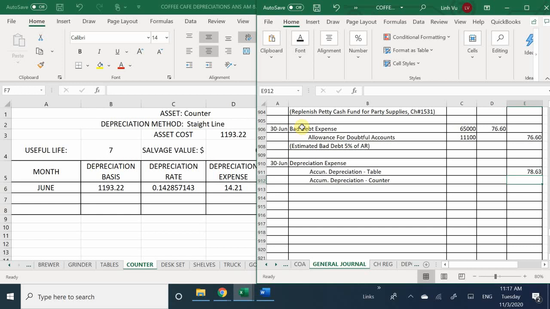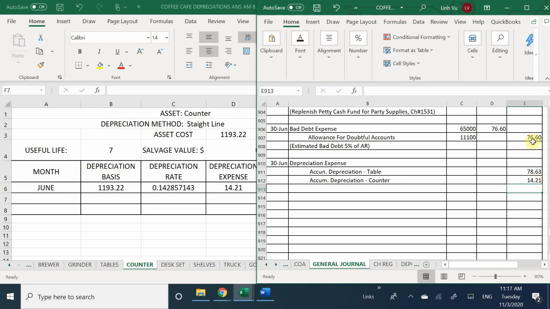When you sell it, obviously, you're going to either take a loss or a gain, depending on how much you sell it for. But the book value is an estimate of how much it should be worth. So accumulated depreciation for the counter was $14.21.